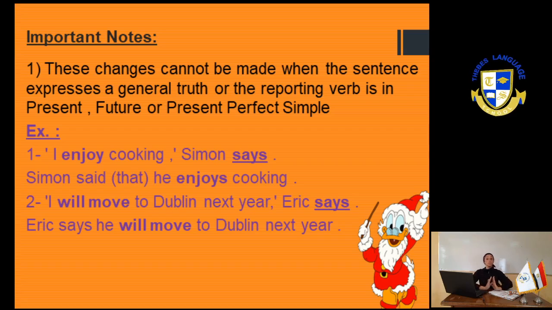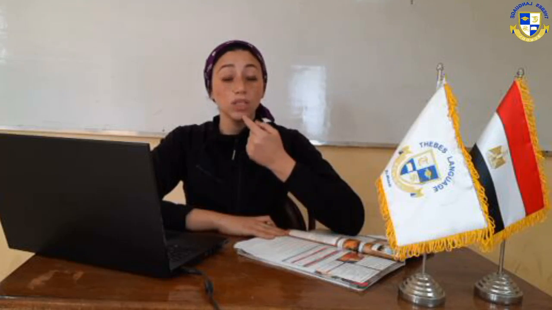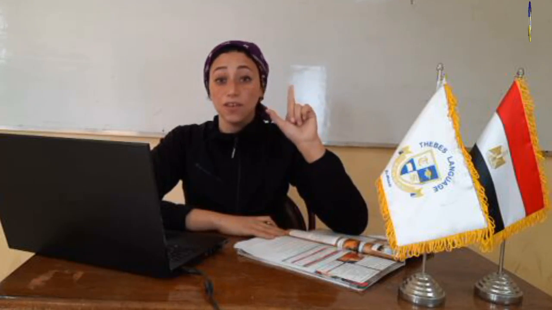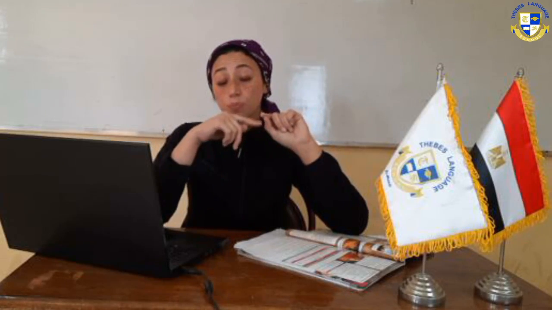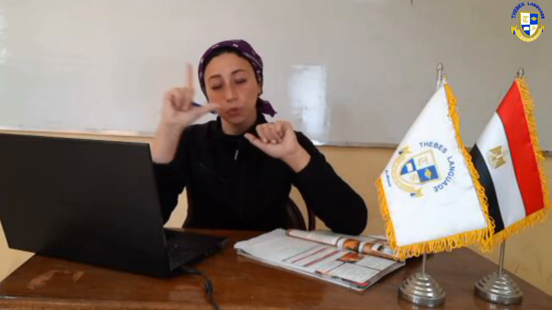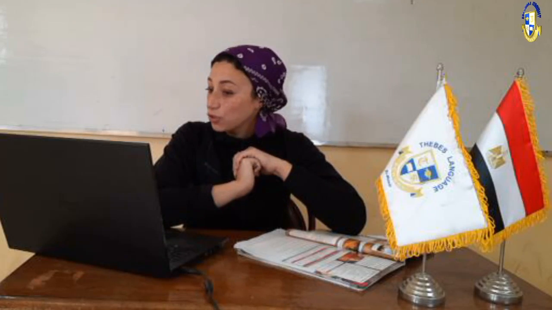Now, did you understand the previous rules quite well? To this point, everything is okay. But let me tell you a tricky thing. If you have the reporting verb, what are the reporting verbs? Say or tell, right? If you find these reporting verbs in the present or in the future or in the present perfect tense, you are not going to apply the rules that we have mentioned.